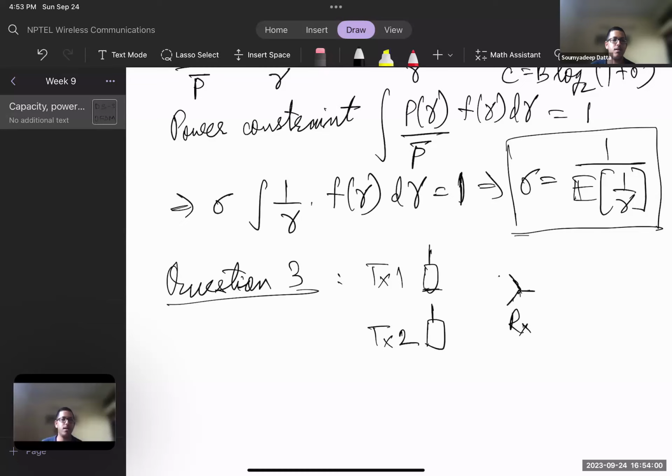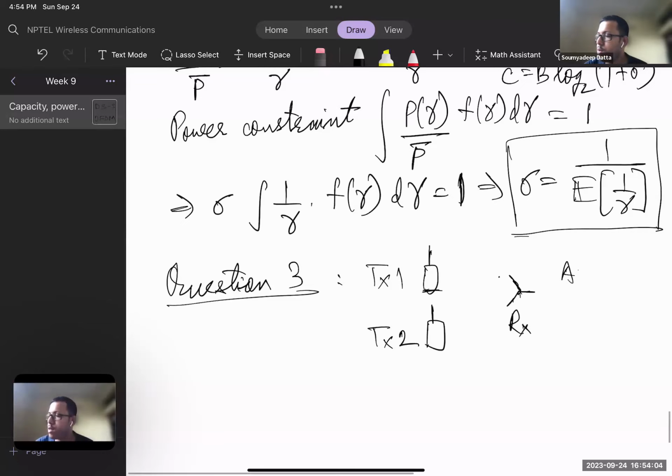The channel is given to be AWGN. I have discussed what AWGN is, additive white Gaussian noise, which means that there is no fading. It's just signal and the addition of noise.